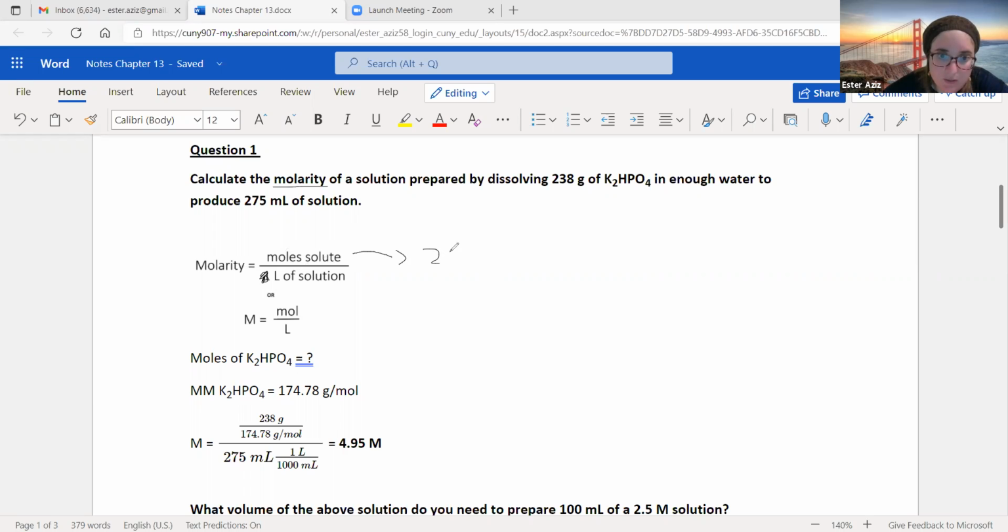So the grams was 238 grams. You divide by the molar mass, or you multiply by 1 over the molar mass, 174.78 grams per mole.